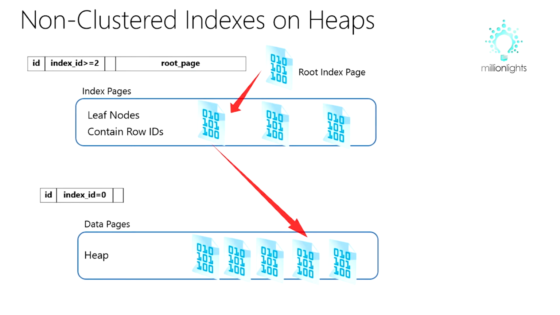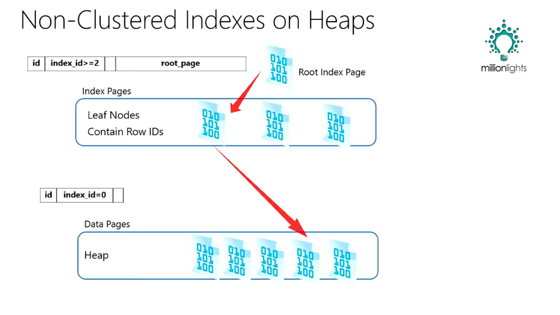This next slide shows how whether the underlying table structure is a heap or a clustered index subtly changes the architecture of non-clustered indexes. In this example of a non-clustered index on a heap, going back to that analogy of a book again, the index at the back of the book is where we find the word that we're looking for, and the page number where we can find the rest of the information is what we call a row identifier, or RID, which is how we reference rows in a heap.